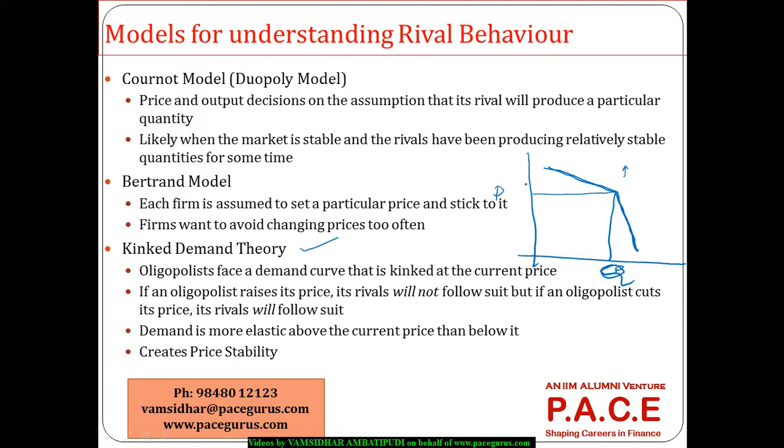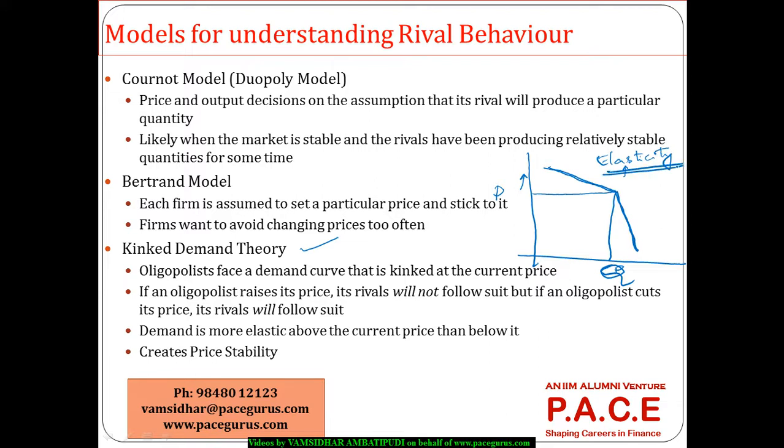Now, if an oligopoly firm has increased the price, there is a very good chance that the rivals will not follow. Which means if the price is increased, there is a heavy elasticity. The quantity will decrease quite drastically for this firm. A lot of people will move to the competition, so the elasticity is going to be much higher for a price increase.